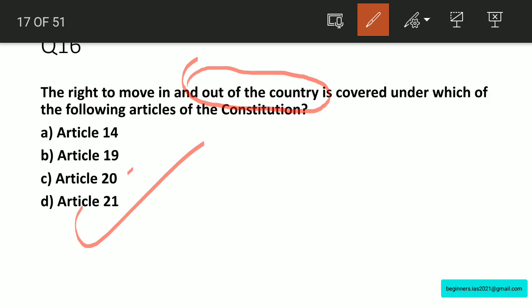Article 19 protects only the first dimension, that is the right to move inside the country. The second dimension is dealt with by Article 21, that is right to life and personal liberty. I have already discussed that the right to move out of the country and the right to come back to the country comes under Article 21.